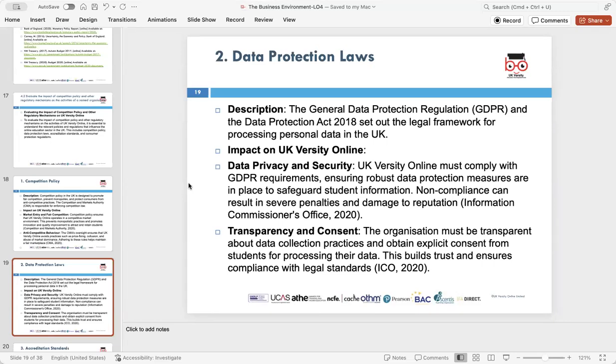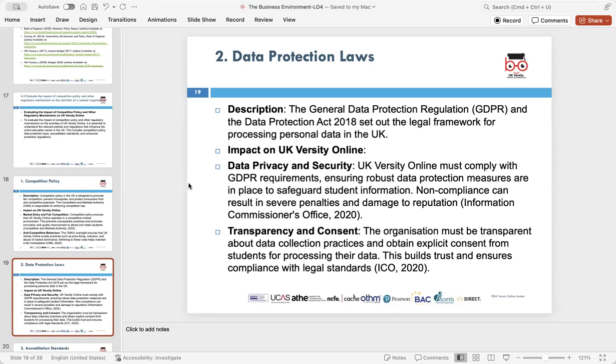GDPR requirements mandate transparency regarding data collection practices and obtaining explicit consent from students for processing their personal data. This not only ensures legal compliance but also builds trust with students by demonstrating a commitment to protecting their privacy.